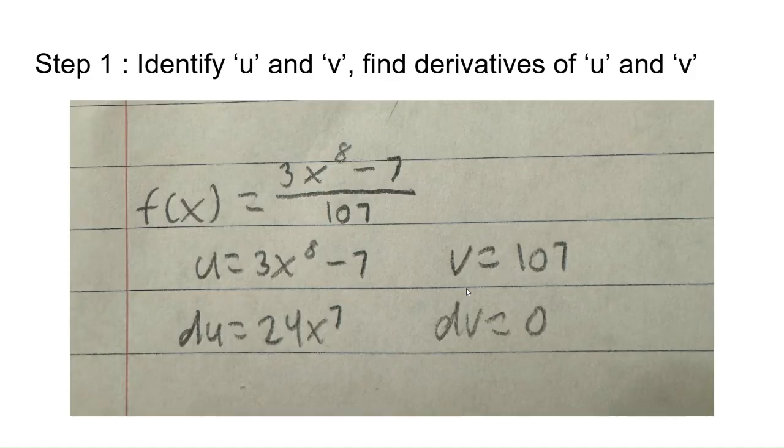So again, our u would be the top factor in this function, which is 3x to the power of 8 minus 7, and our derivative of that, which would be du, using the power rule, would be 24x to the power of 7. And then our v, which is our factor at the denominator of the function, would be 107, and finding the derivative of that, or dv, would be 0.